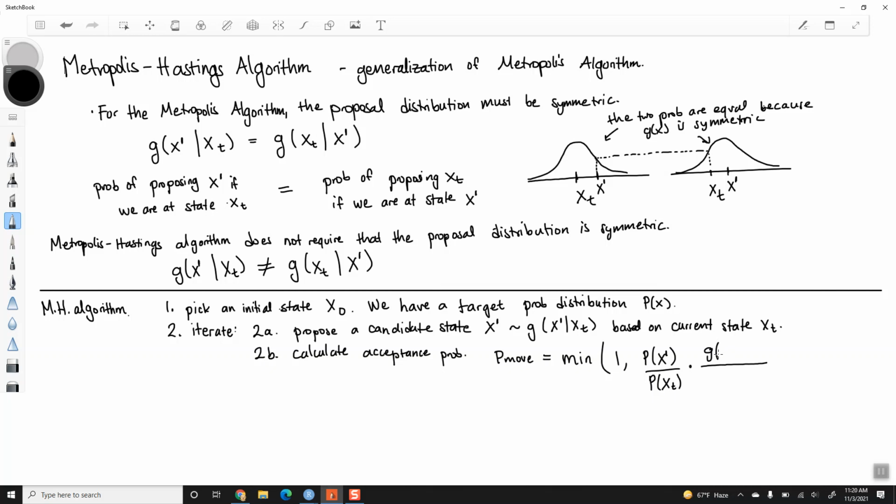So we're going to say, well, what is the probability of proposing xt if we're located at x prime versus the probability of proposing x prime if we're located at xt. Okay? So this part over here, if it's symmetric, this just reduces to 1, and then it becomes the Metropolis algorithm. Okay? But if g of x is not symmetric, then you have to include this factor in there.